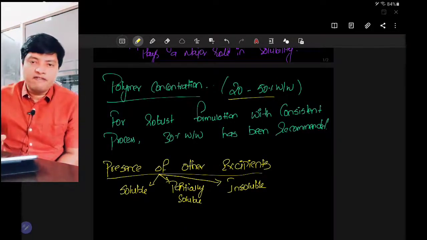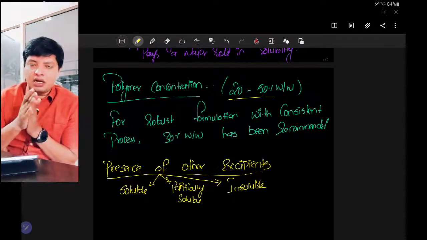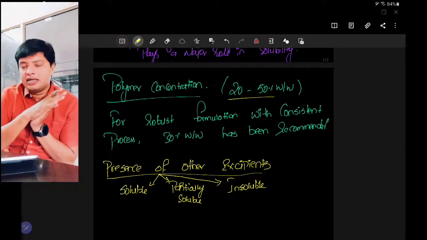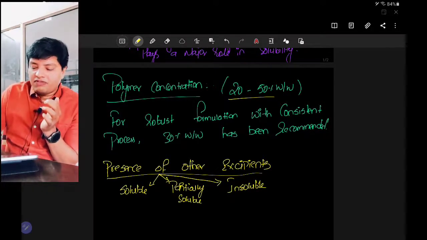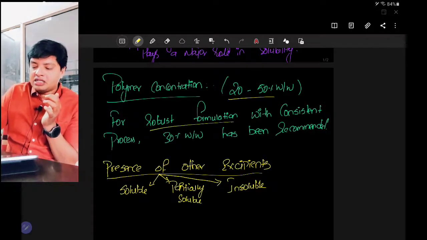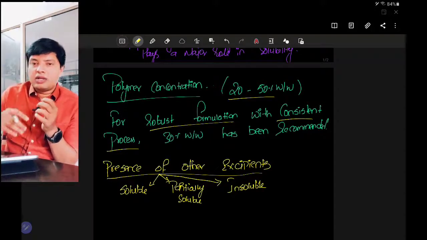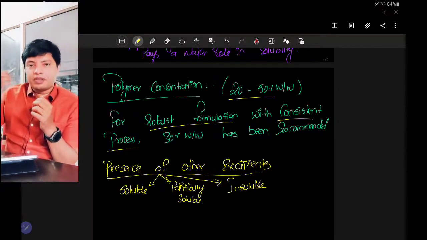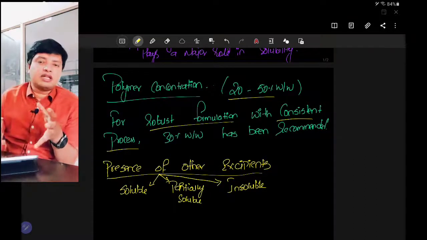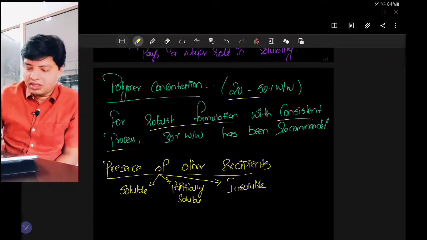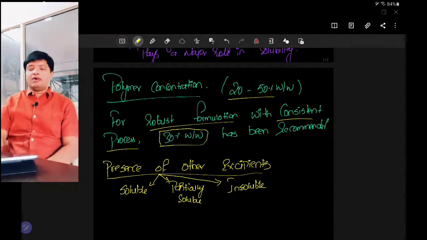This is the general concentration of the polymer being used in designing of any sustained, controlled or delayed release dosage form. For the formulation to be robust and consistent with the process, giving consistent release, so that every time it gives the same release and the formulation can withstand whatever the manufacturing process is, we are considering a concentration of 30% weight by volume.